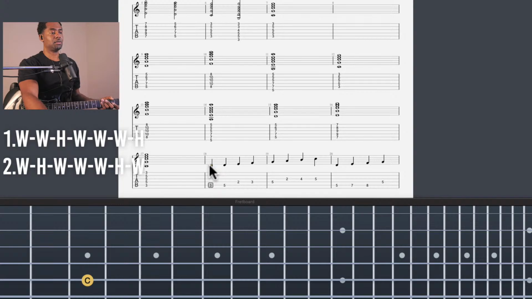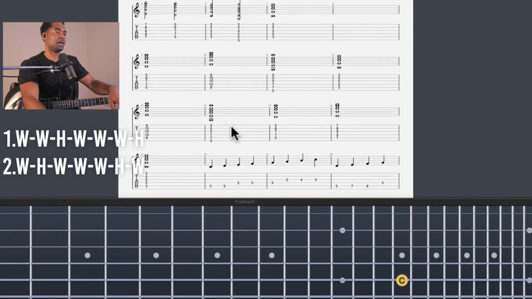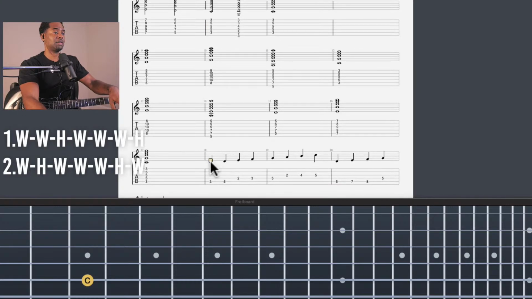Now, going back to the first part that I was showing you, I showed you the major scale, the C major scale on one string. Now that is no different than this. It's just on different strings.